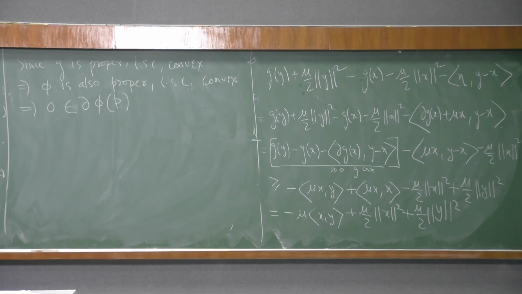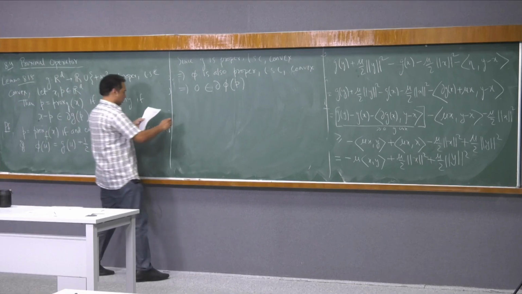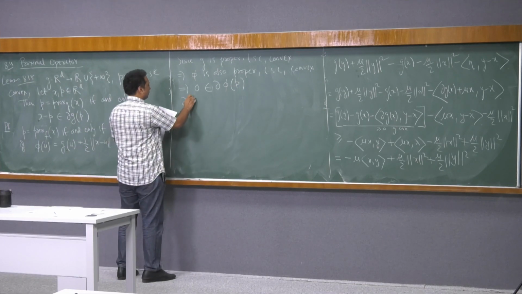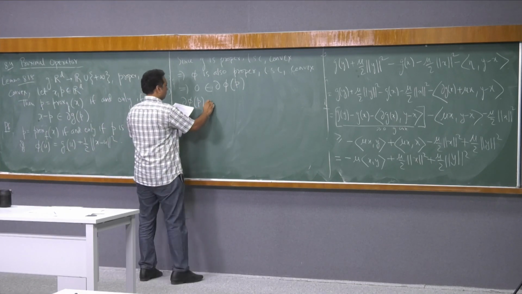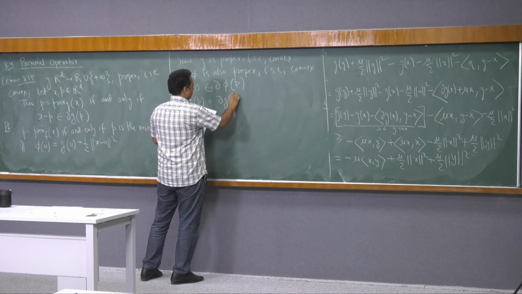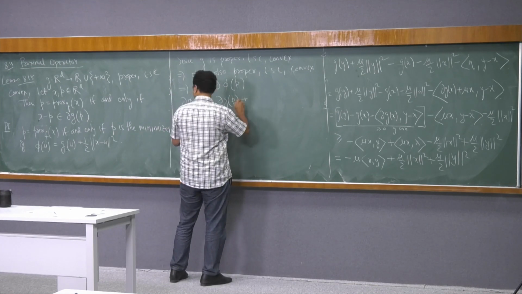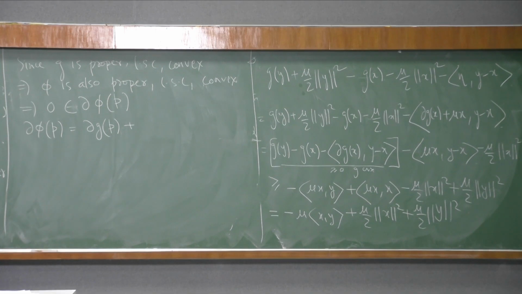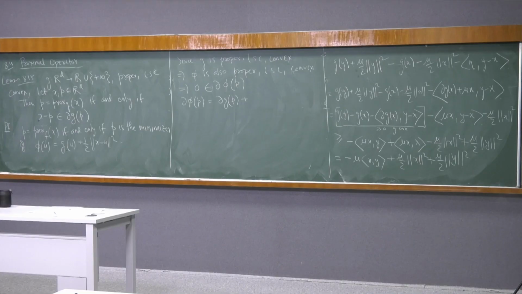What exactly is the subdifferential of phi? Let us calculate that by the sum rule. So one of the terms is differentiable, and the other may not be differentiable, but the subgradient will exist. So del phi at p is del g at p plus p minus x, because at u we are substituting p, right?